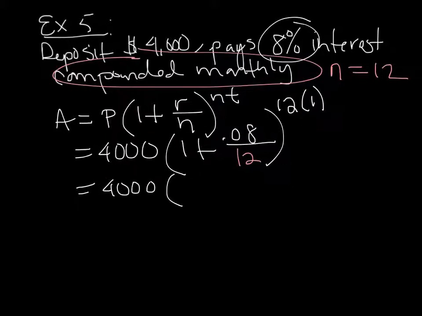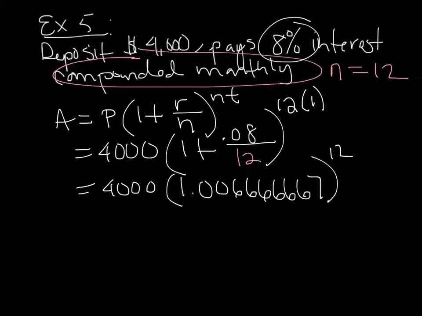So we get our calculator, and I'm punching in 0.08 divided by 12, and then adding 1 to it. I get 1.0066666667, and that's all to the 12th power.